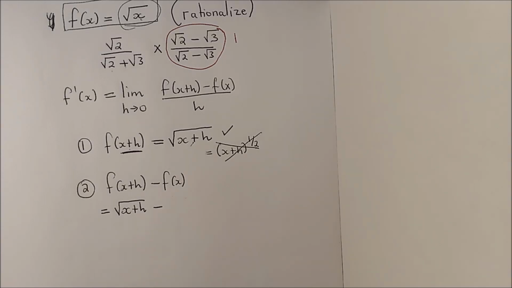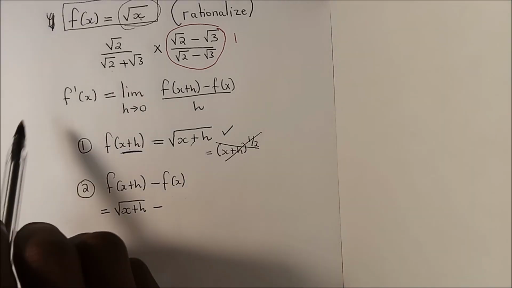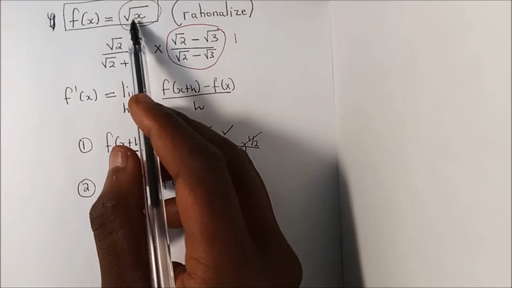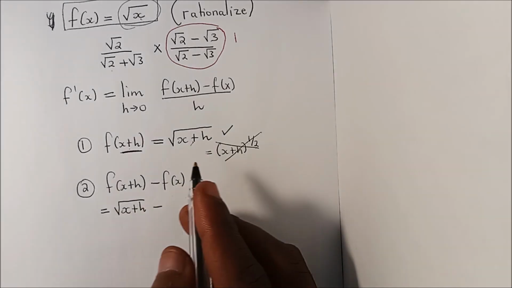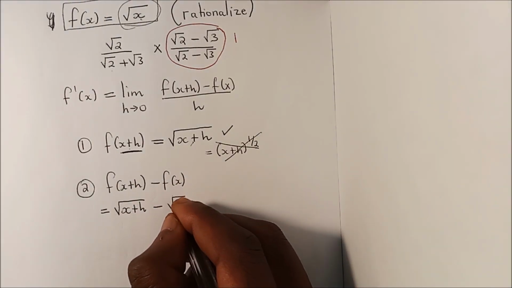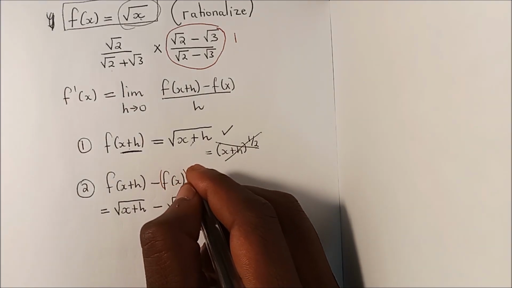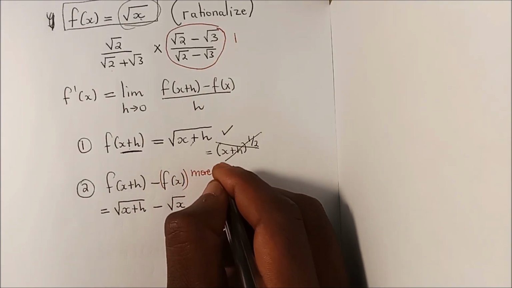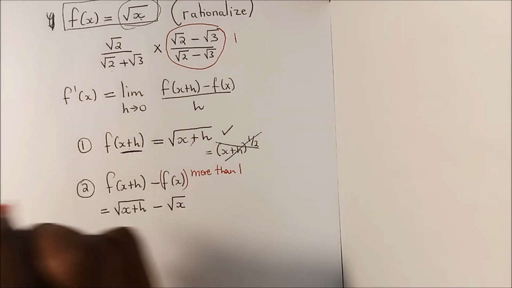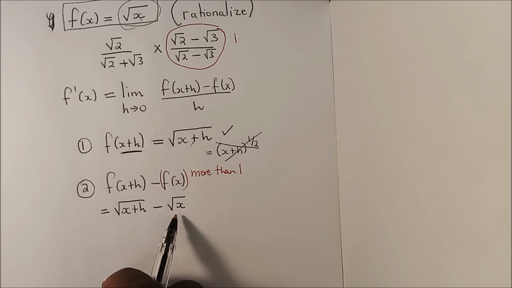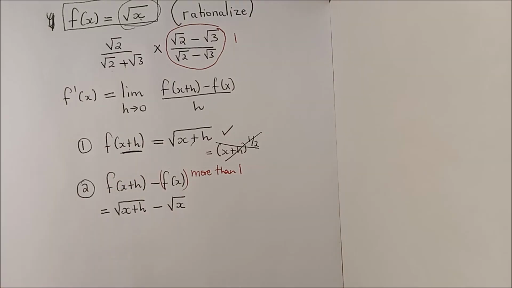Remember, your f of x is always given, so that is the square root of x. You see it's one term, so I can just write it without brackets. Remember, you put brackets if you have more than one term, so that you can multiply with the negative using the distributive property.